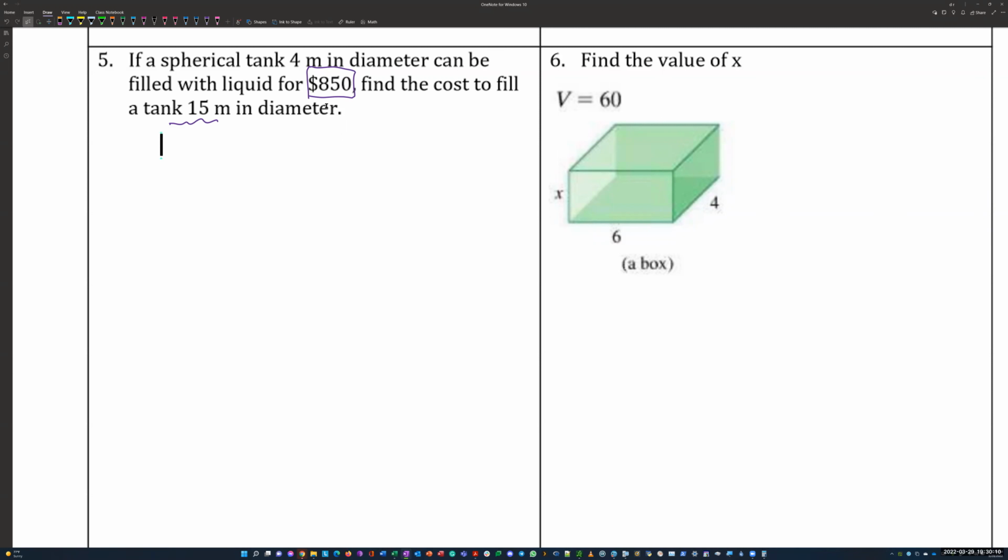Let's remember what the volume formula is first. The volume of a spherical tank is 4/3 pi r cubed. So the volume of the 4-meter tank is equal to 4/3 times 3.14 times, what's r?